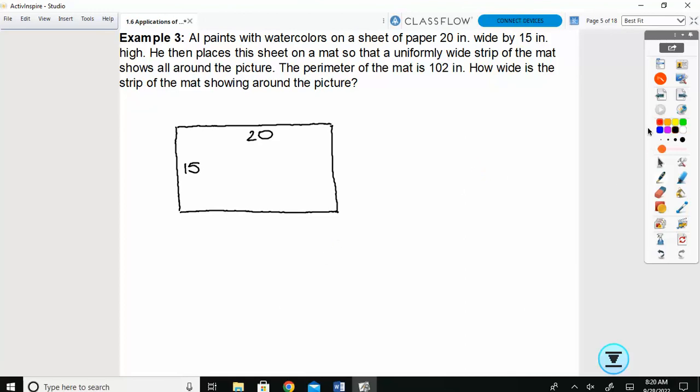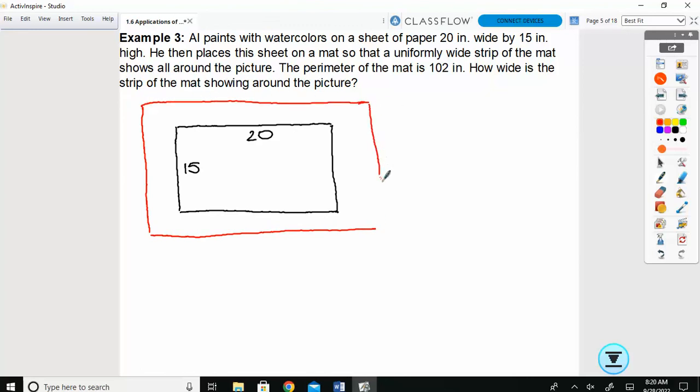So, let's draw the map. Oh, that is crooked. Don't judge me. This is his first setting on the map. He hasn't centered it yet. So that a uniformly wide strip of the map shows all around the picture.